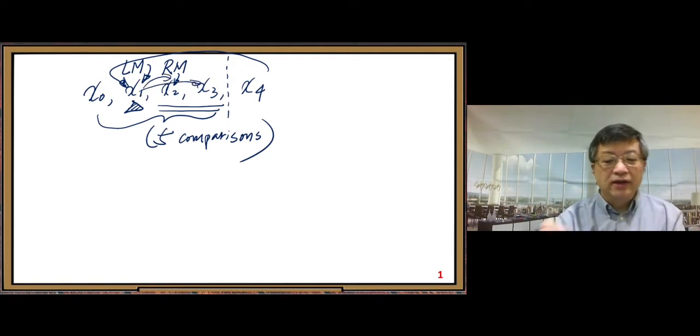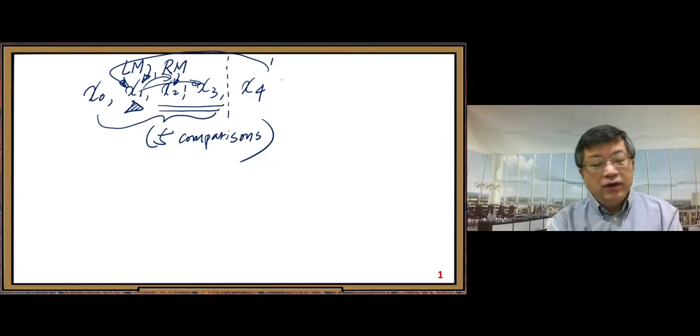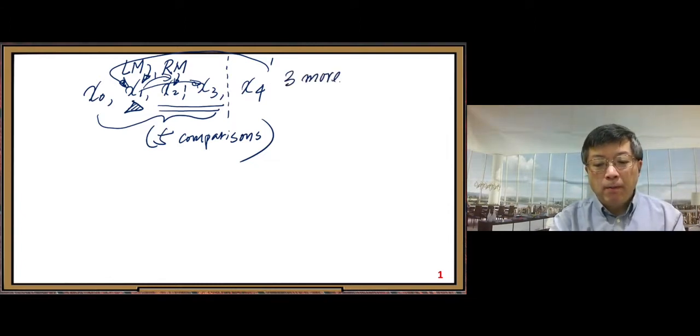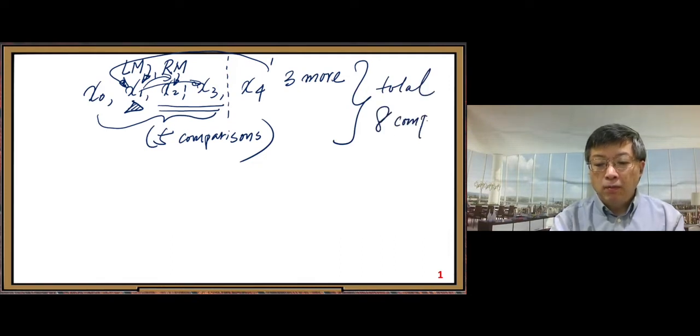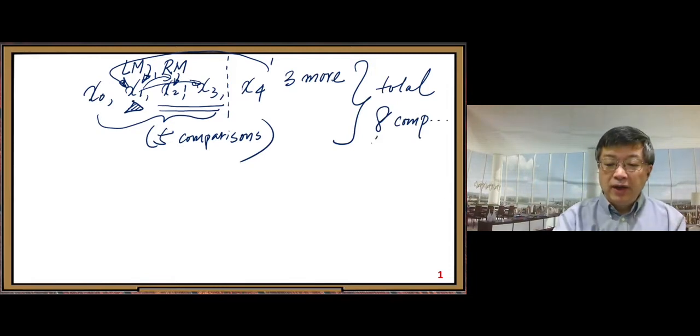So actually you need 3 more comparisons: 1 here, 1 here, and 1 here. Then combine these 2 steps, total 8 comparisons.